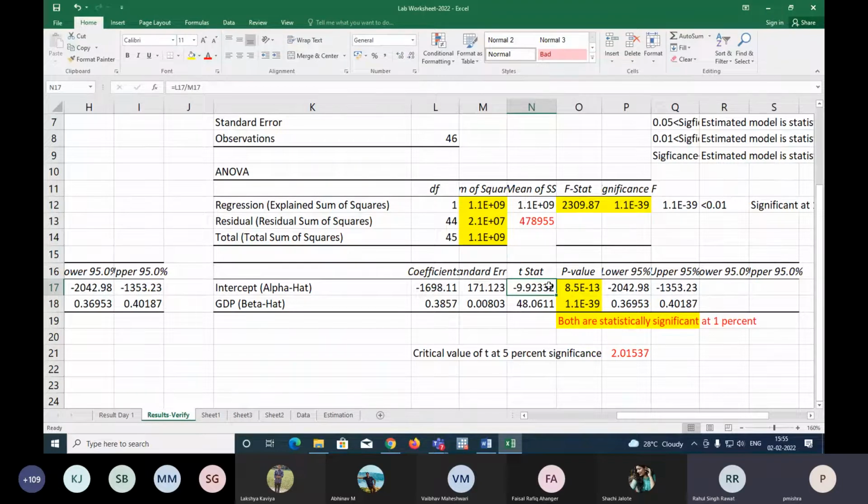I'm talking about again this absolute value of this T statistic.